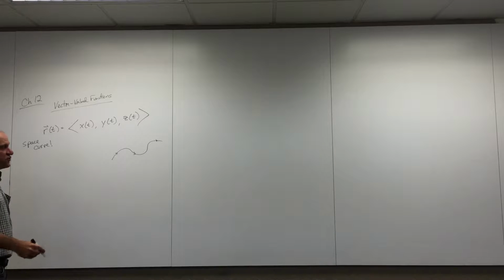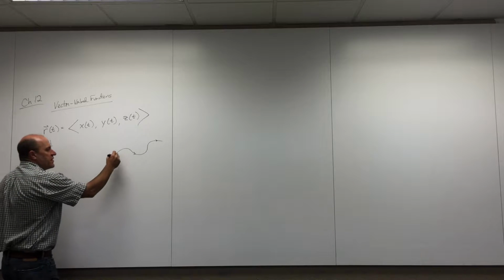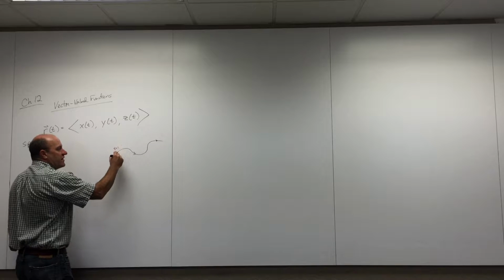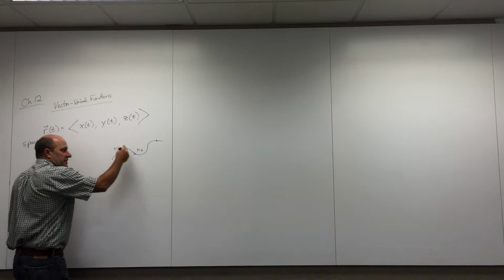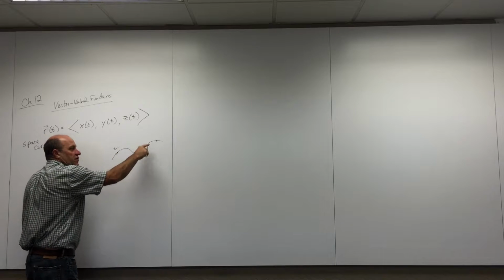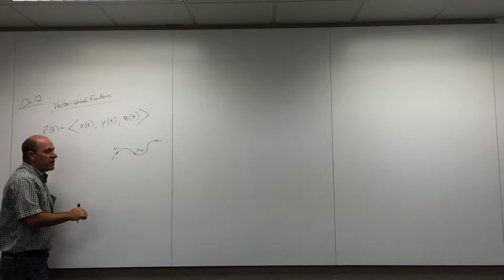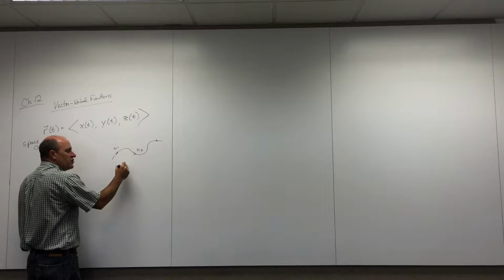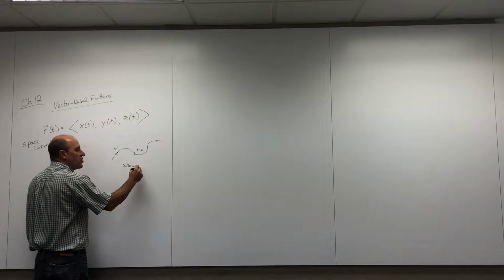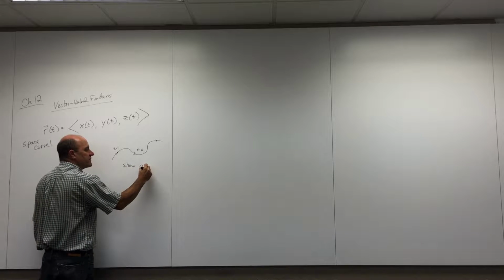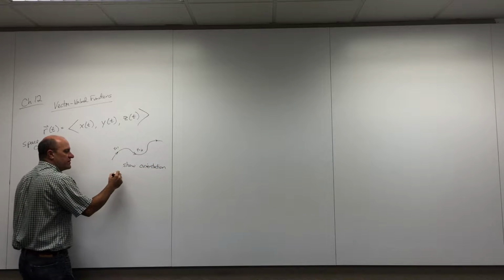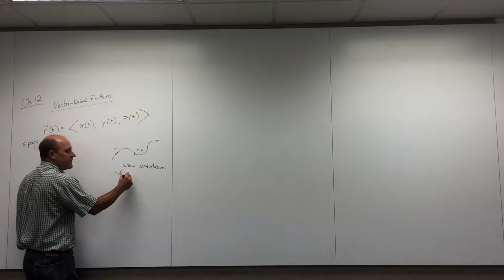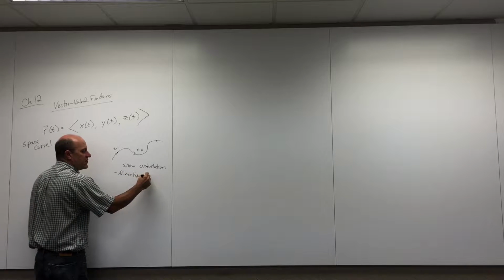If it's here at t equals 1, and then here at t equals 2, then I've got the correct arrows and the correct direction of motion. That's called showing orientation, or let me just define that as the direction of increasing t.